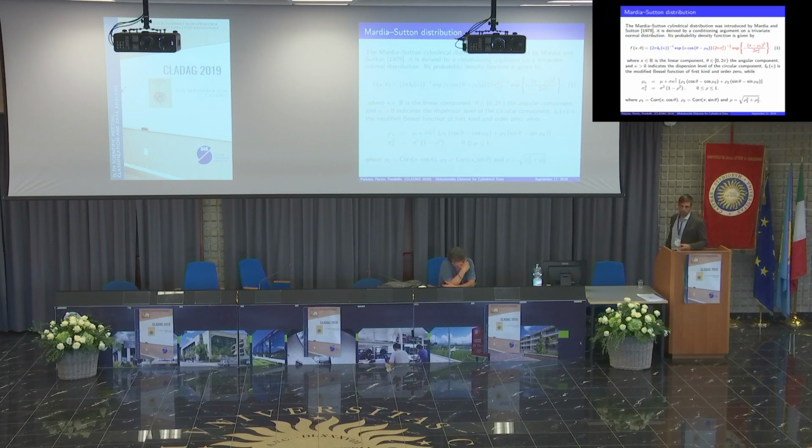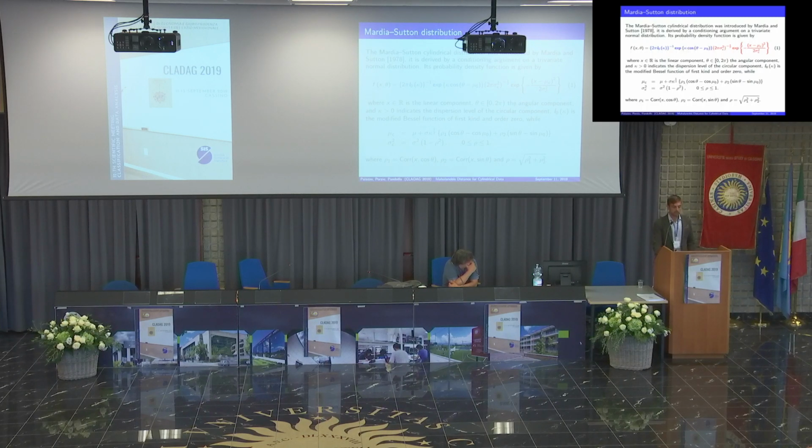I will start by showing you the Mardia-Sutton distribution in order to explain how we define our Mahalanobis distance. The Mardia-Sutton cylindrical distribution is the simplest distribution that reminds us of the Gaussian distribution in the bivariate case. The blue part represents the information regarding the direction of our features, and the red part regards the linear component.